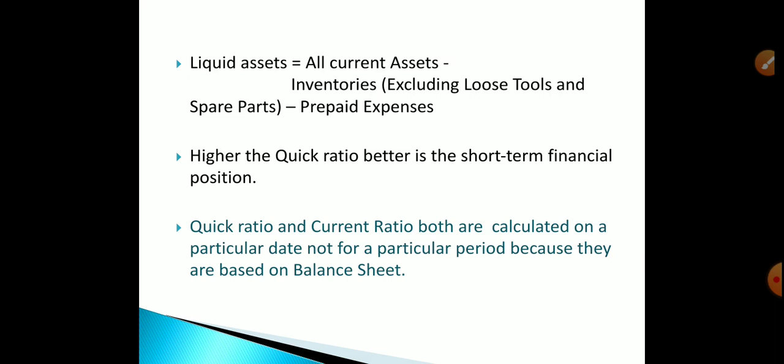One more thing you have to keep in mind is that the quick ratio and current ratio both are calculated on a particular date and not for a particular period. Because if you have seen the formula, this includes items from the balance sheet. And the balance sheet, as we all know, is prepared on a particular date and not for a particular period. So that is why the quick ratio and current ratio are calculated on a particular date.